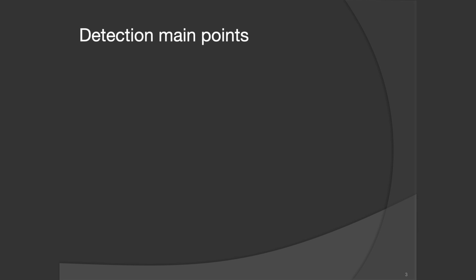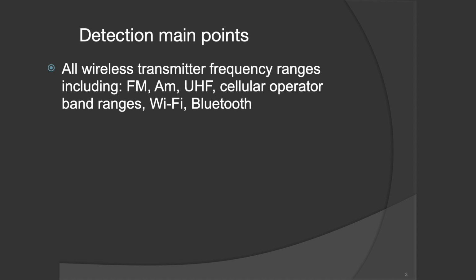Okay, since we are here just making a general overview of what we will discuss more profoundly in coming lessons, I just want to comment on two points regarding RF scanners, of course. First is the necessary capability of a spectrum analyzer to detect all types of wireless signals.